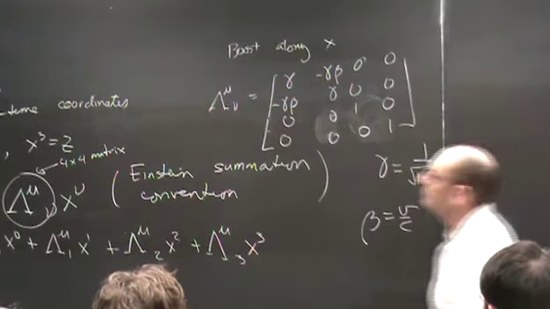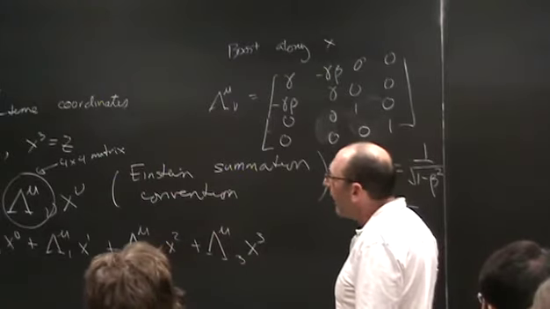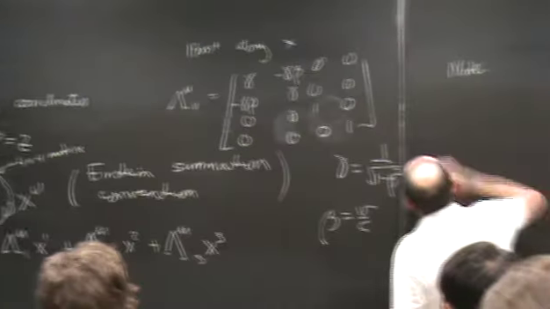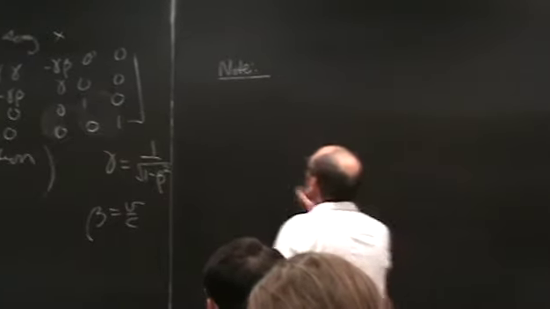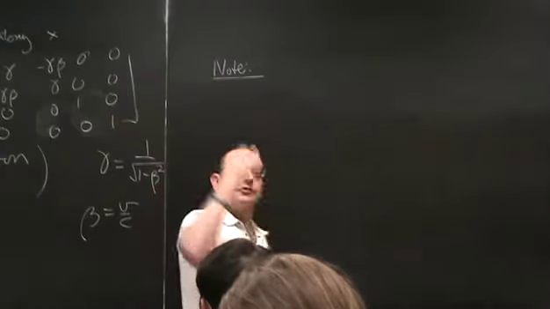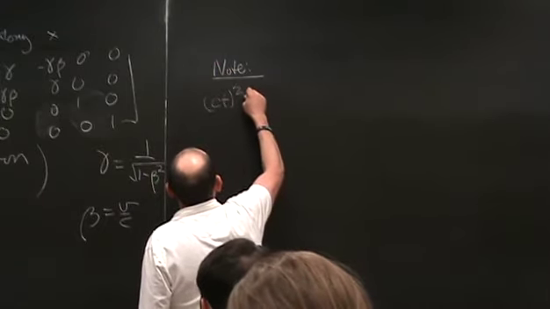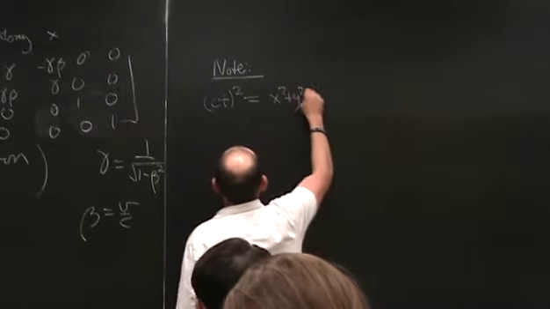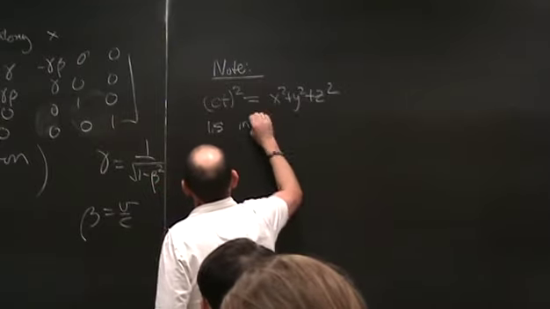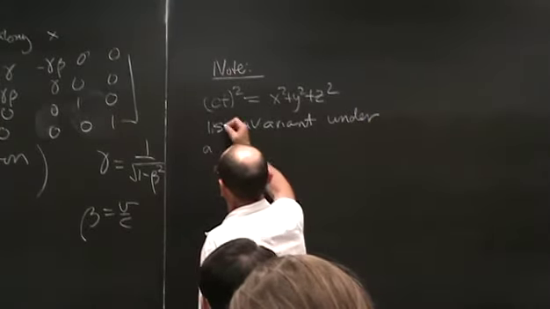All right. Now, one of the things that we see, a very important fact that we note, is that, as derived in some sense by the whole assumptions of relativity, c squared t squared equals x squared plus y squared plus z squared is invariant under a Lorentz transformation.